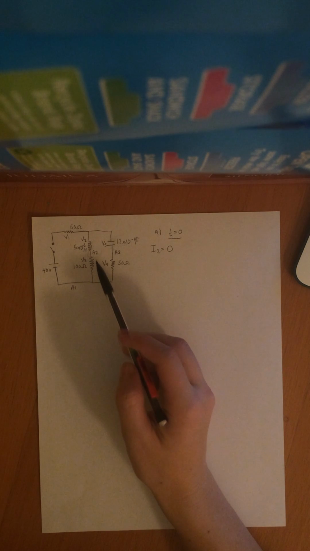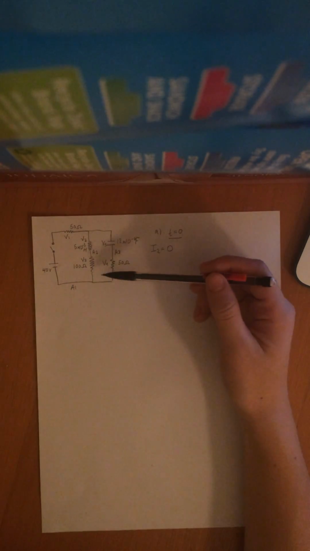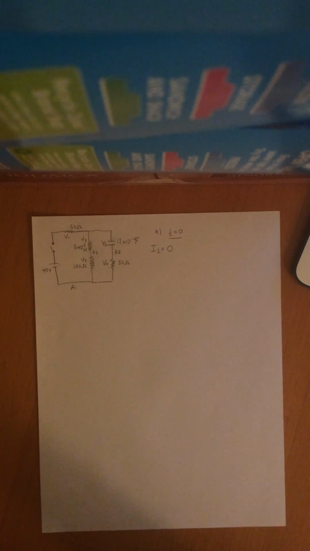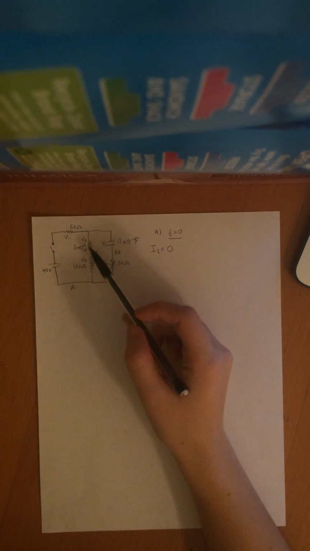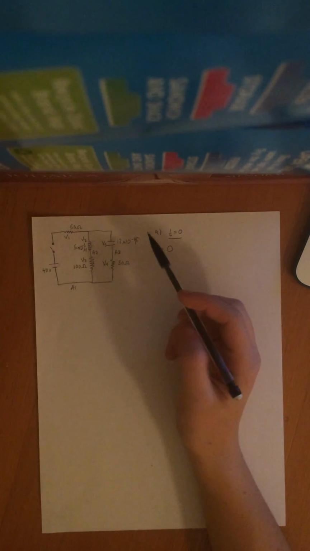Basically this is going to read 0, and this wire is going to be as though it has a break in it, and therefore no current is going through it. That's what it's going to be equivalent to.